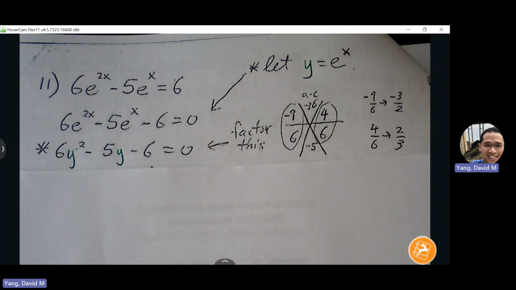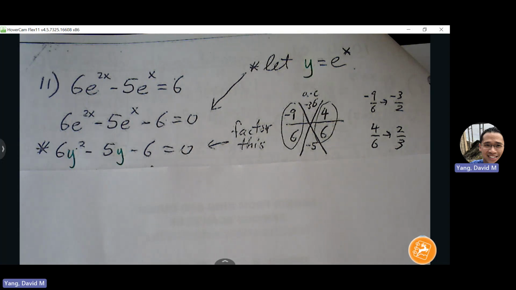Okay, any questions here about number 9? Okay, last one here. Number 11, this is one where we have to recognize the need for factoring. That e to the 2x, that e to the x and 6 with a constant kind of represents that degree 2, degree 1, constant. To help you see a little bit easier, let e to the x be y, so we have y squared, 5y and 6. You can factor that, and then you can bring back the e to the x.